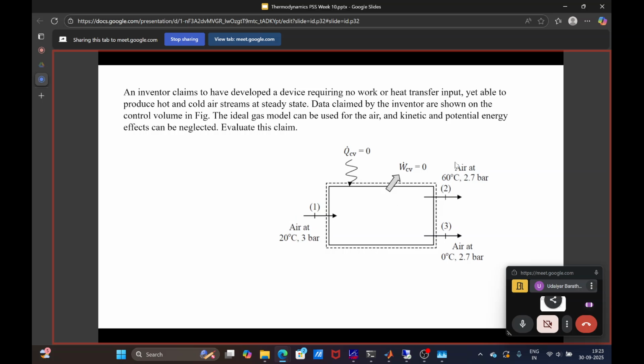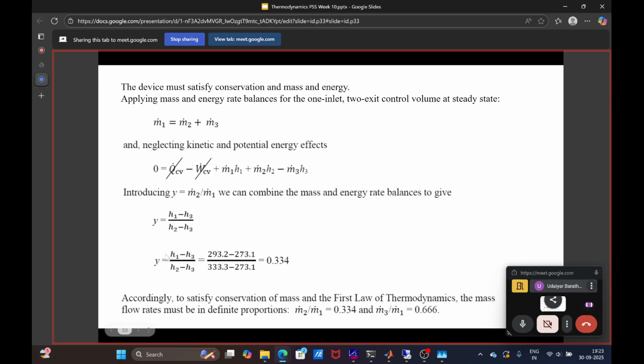So for air, we can estimate the enthalpies corresponding to these pressures and temperatures: 20 degrees Celsius and 3 bar, 60 degrees Celsius and 2.7 bar, and 0 degrees Celsius and 2.7 bar. So h1 minus h3 is 293.2 minus 273.1, divided by 333.3 minus 273.1.